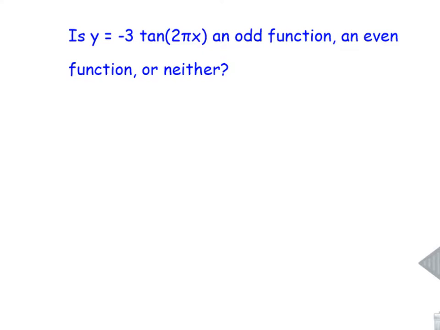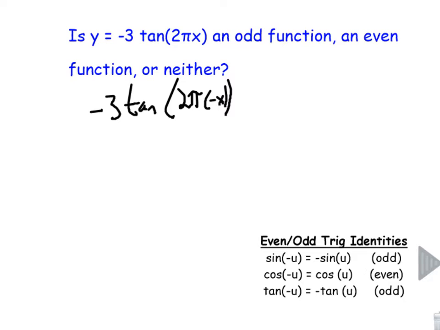This is not a polynomial, and we're probably not familiar with what this function looks like. So we're going to do our test here, and plug in negative x for x. So instead of putting x, we're going to put negative x, and then try to simplify this. In order to simplify this, we need to have knowledge of some of our trig identities. Down here are our trig identities, and we see sine and tangent are both odd functions.